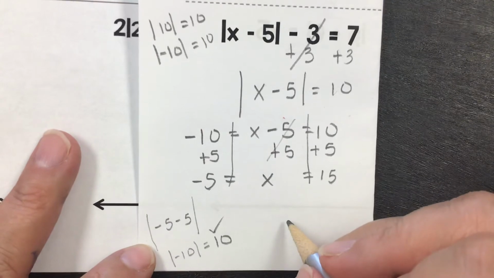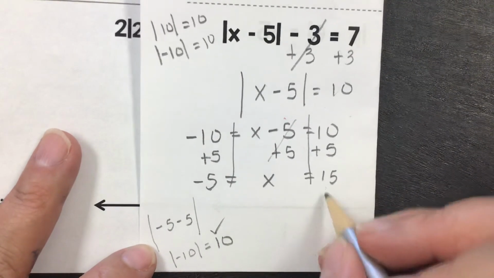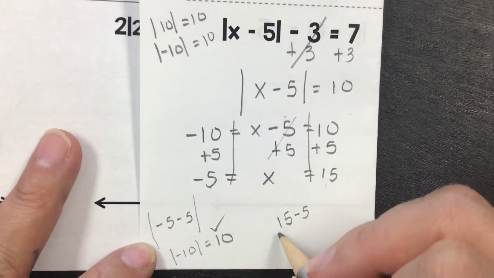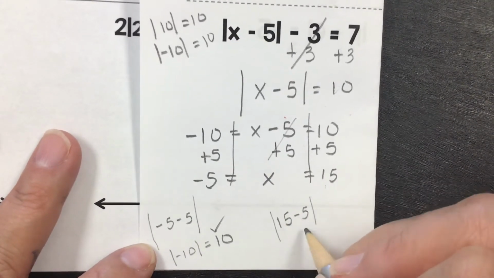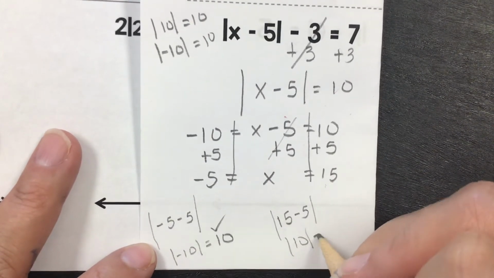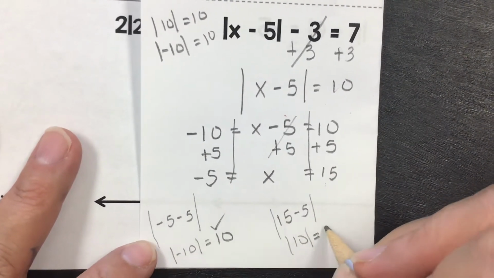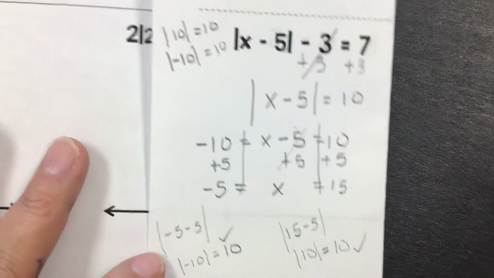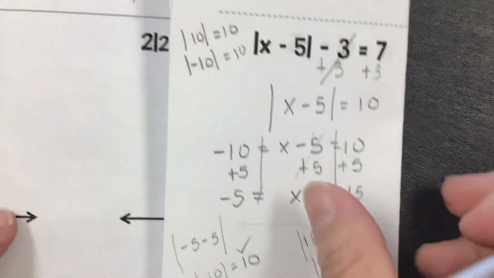How about if I plugged in a positive 15? 15 minus 5 is a positive 10 in the absolute value bars. Would that give me a positive 10? Yes. So that's why you have 2 possible answers for this scenario.